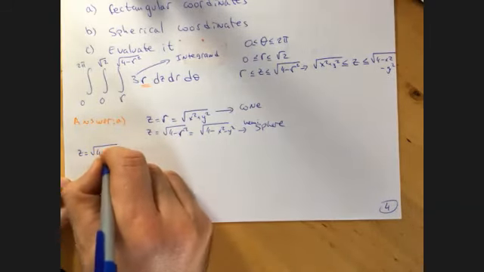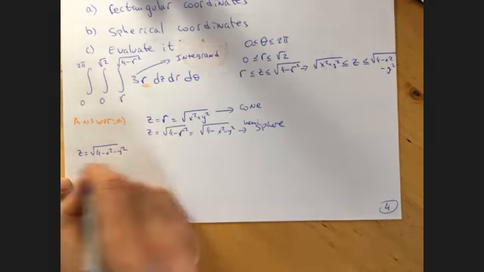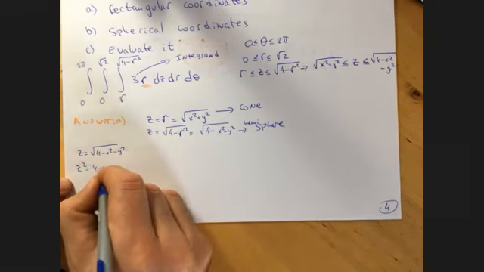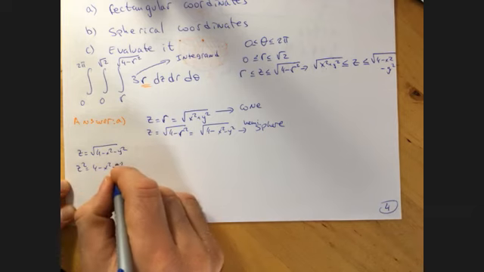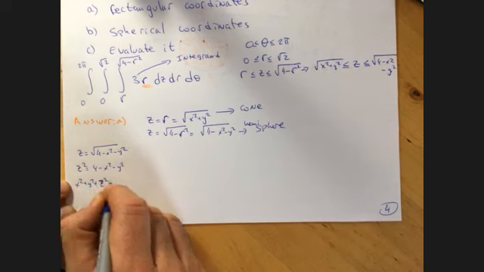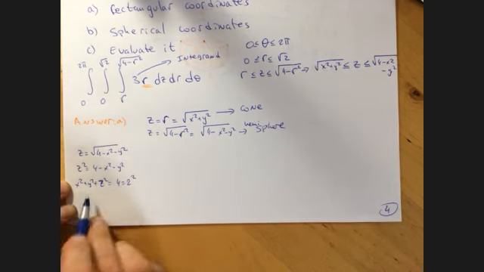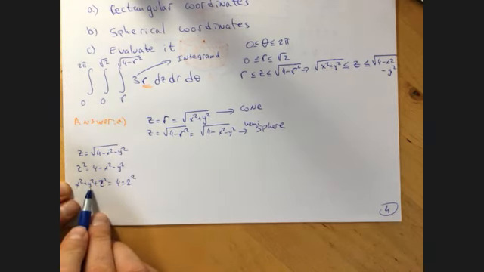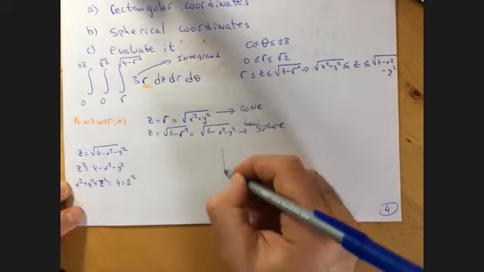So square both sides: z squared is equal to 4 minus x squared minus y squared. Bring x and y to the other side: x squared plus y squared plus z squared is equal to 4, which is 2 squared. So it is a sphere centered at the origin with radius 2.